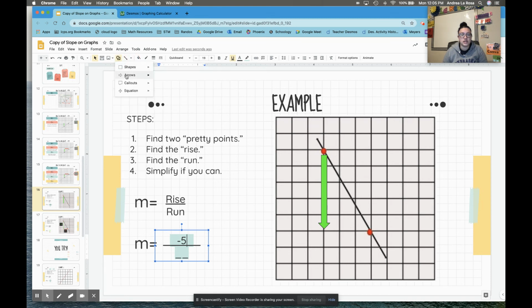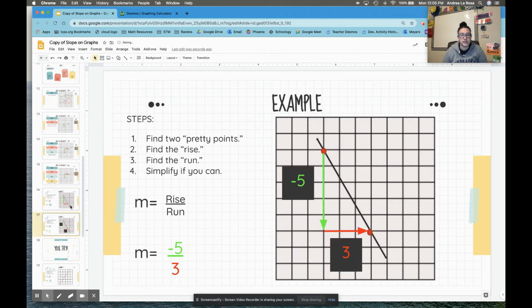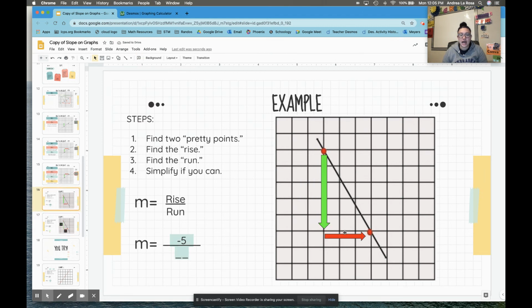Now I'm going to do another arrow to see how far I run. How far am I going to the right? Got my new arrow. Now I need to figure out how far I'm running, how far I'm going to the right.